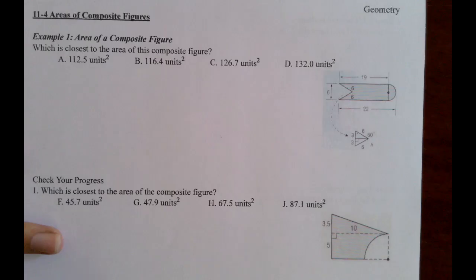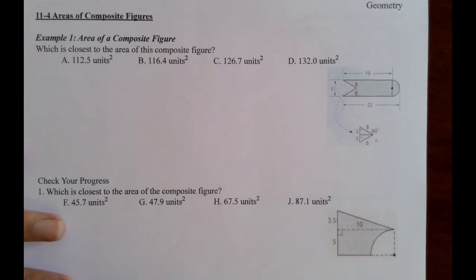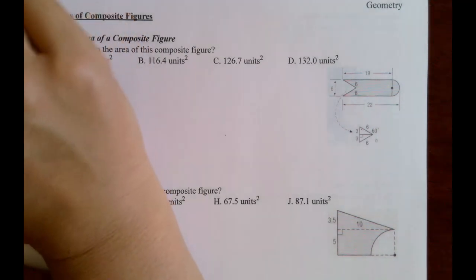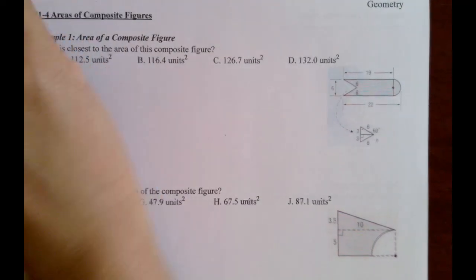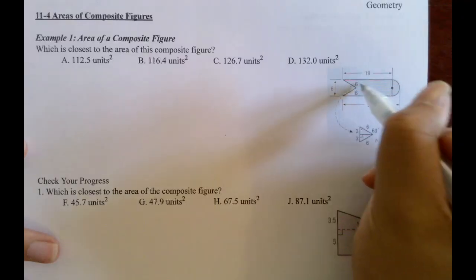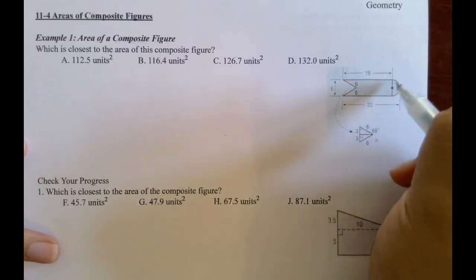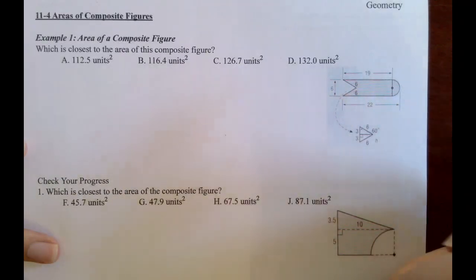Okay, so it asks us which is closest to the area of this composite figure. What we can see here is it's composed of several parts, right? It has this weird looking shape here, and then this semicircle, right?